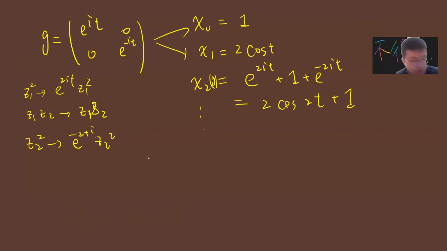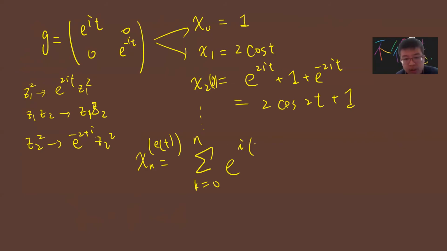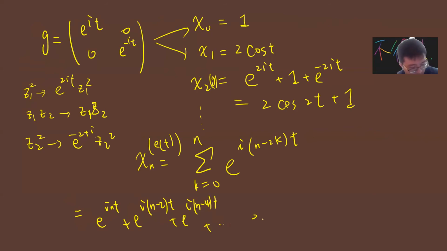And then you can easily prove that, in general, chi_n, where you put e^{it}, becomes a summation k from 0 to n of e^{i(n-2k)t}, which is e^{int}, e^{i(n-2)t}, e^{i(n-4)t}, up to e^{-int}.